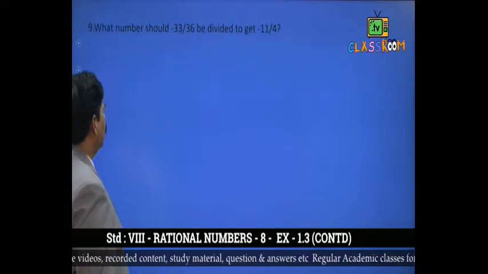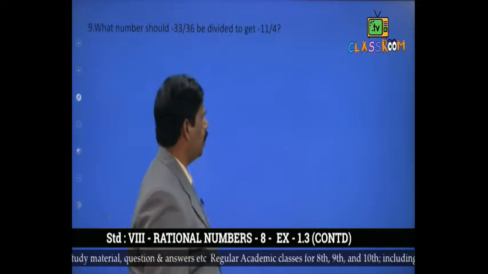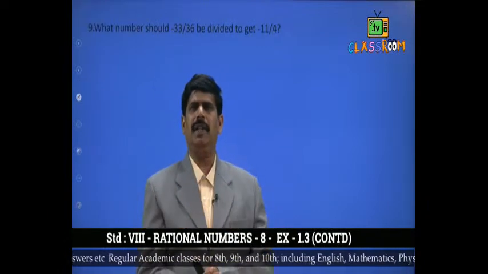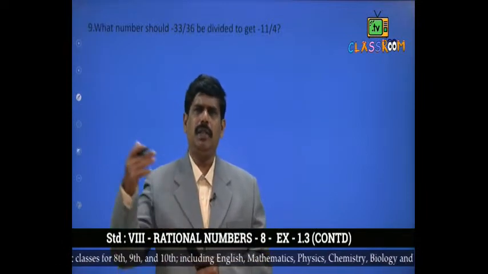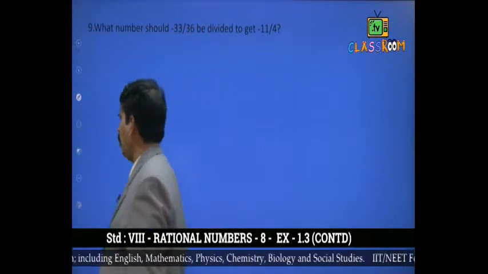What number should minus 33 by 36 be divided by to get minus 11 by 4? So there is some number given. It should be divided by some other number so that you will get some result. What is that number needed? So we will start the problem.